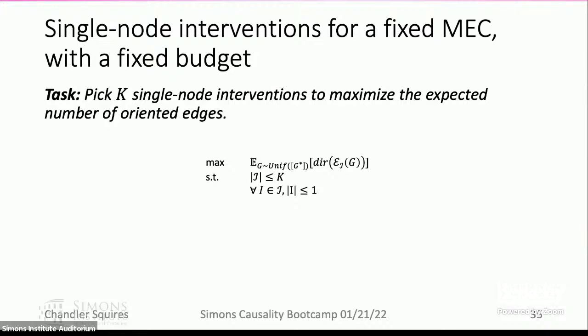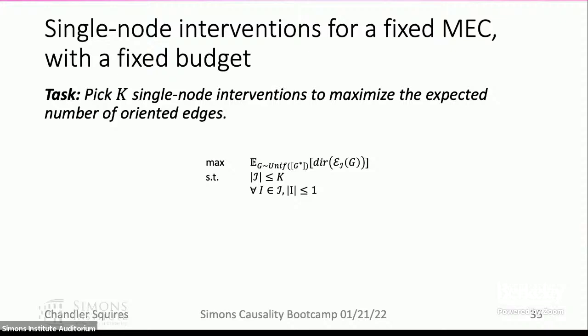But if you're focused purely on what you can identify from data and no additional assumptions, the uniform prior is natural. And this isn't real notation, but this is just going to be counting the number of directed edges in this I-essential graph. So I'm trying to maximize the number of directed edges. I'll go through in the adaptive part how there are other choices you might be interested in about how much information you have, but we'll see that this one suits itself to combinatorial optimization techniques pretty well.